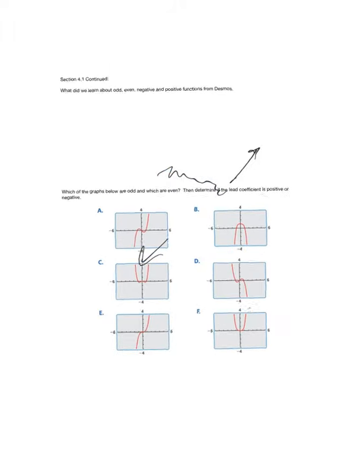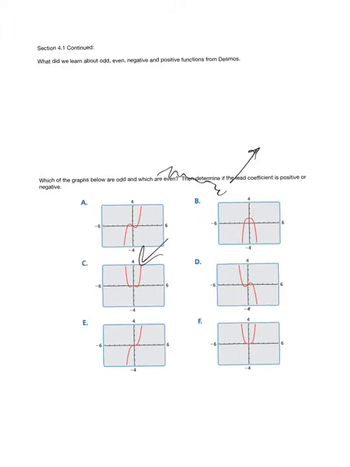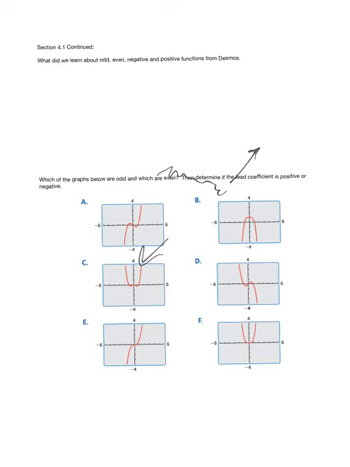Sorry. All right. So what I want to do is, if you look at the first page, I want you to go ahead and figure out which of these are even or odd, positive or negative. Tell me on each one of these 6 graphs and the ones on the next page.